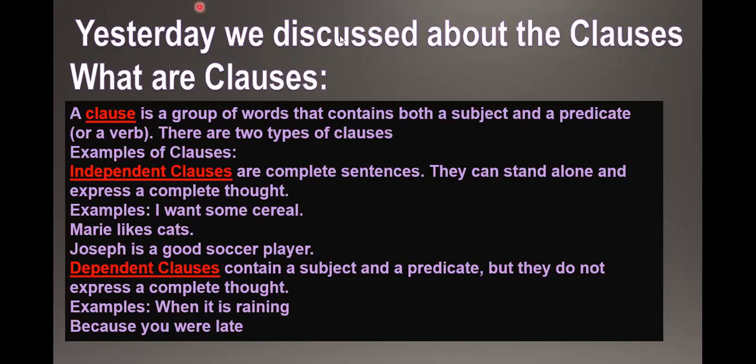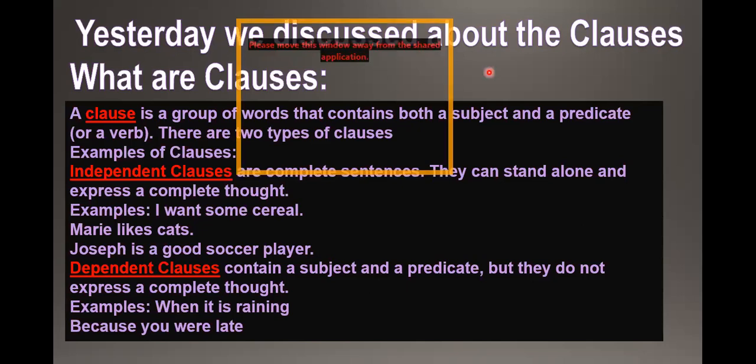The difference between any common statement and a clause is that it has both a subject and a predicate. You need to understand that a clause is a group of words that contains both a subject and a predicate at the same time.